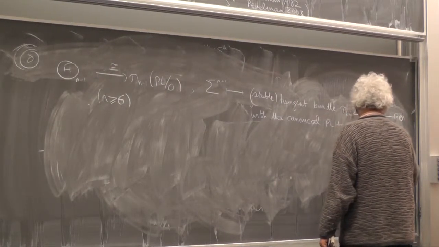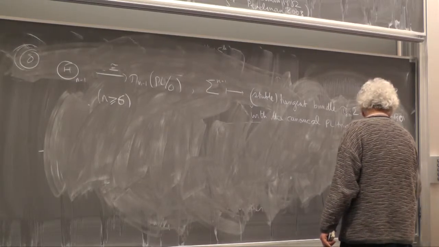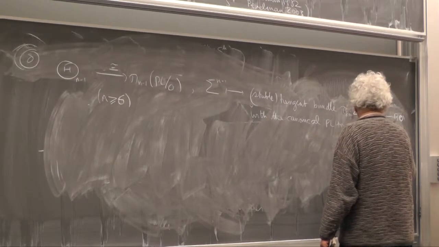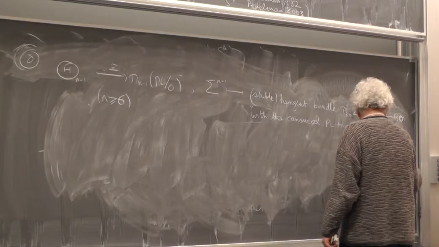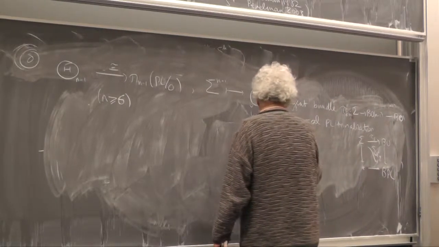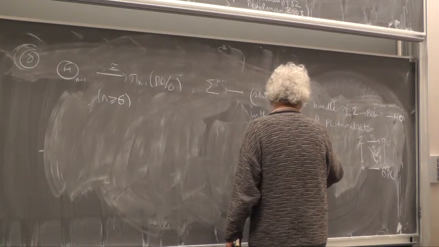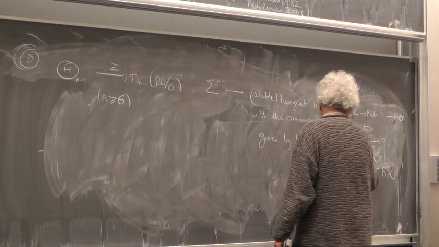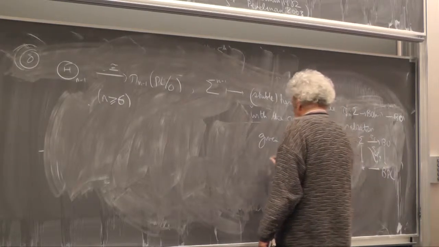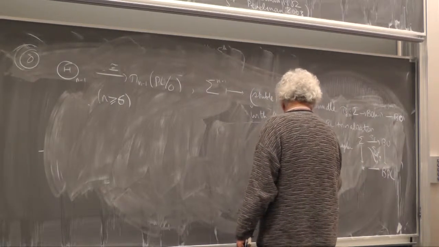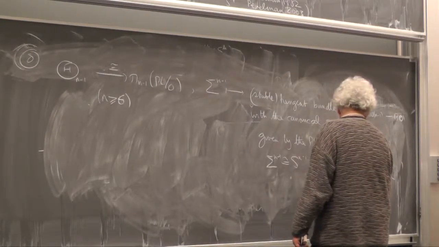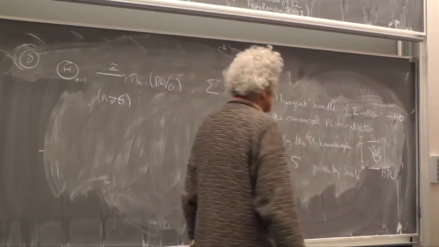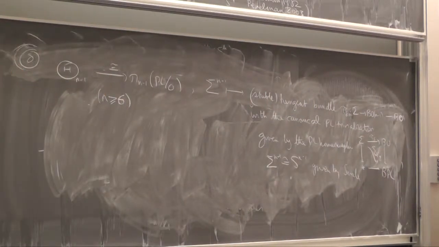So that means that sigma goes to VO, goes to VPL, just like I had before, given by the PL homeomorphism given by Smale. So using everything, using the manifold h-cobordism theorem and the bundle theory and the connection, that's an isomorphism.